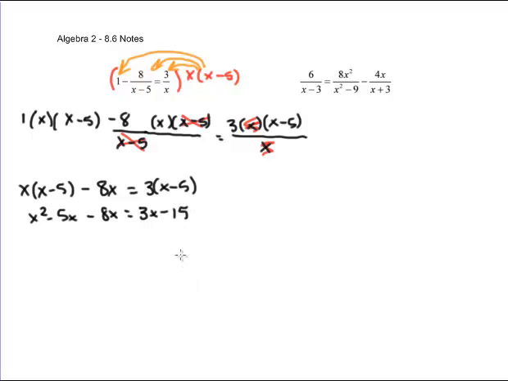And we're going to have a quadratic. Get everything to the left, and we'll either factor or use the quadratic formula. So let me clean up the left-hand side real quick. And then we're just going to move these two over. We're going to subtract 3x and add 15.